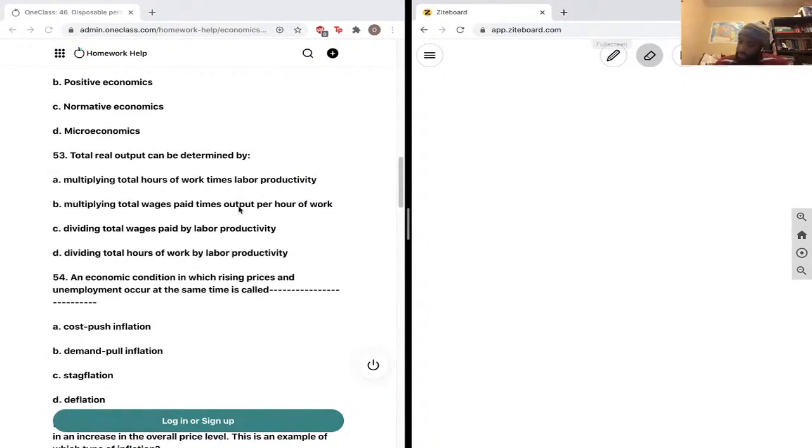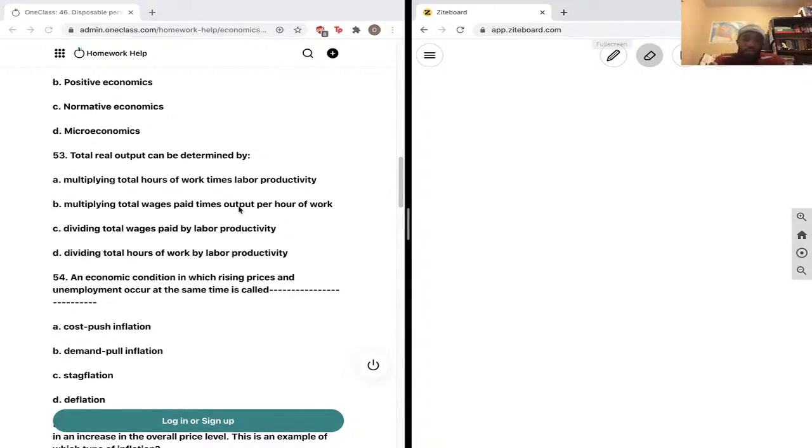Total output. Total real output can be determined by A, multiplying the total hours of work times labor productivity. B, multiplying total wages paid times output per hour of work. C, dividing total wages paid by labor productivity. D, dividing total hours of work by labor productivity. And I believe the correct answer here is A, and it's just about, again, knowing the definition.